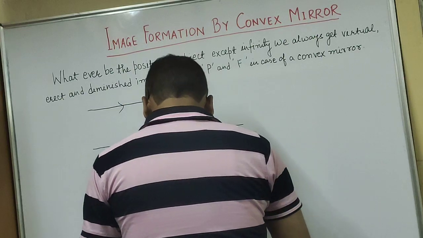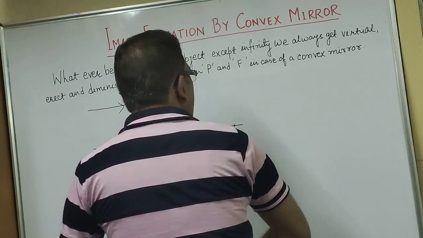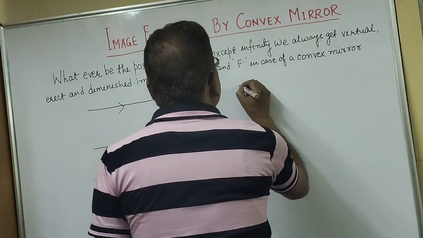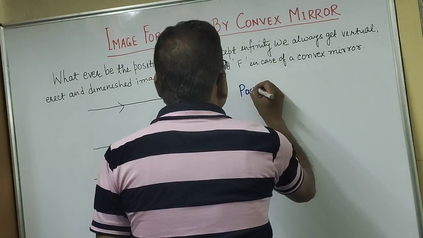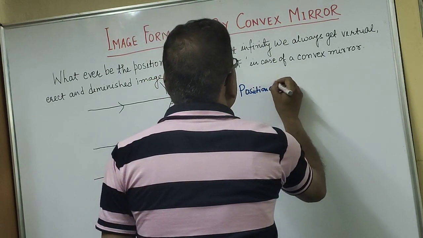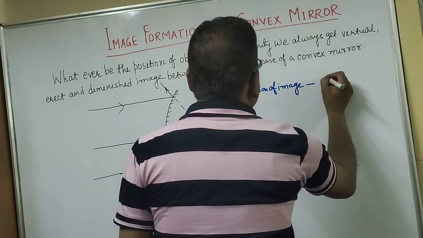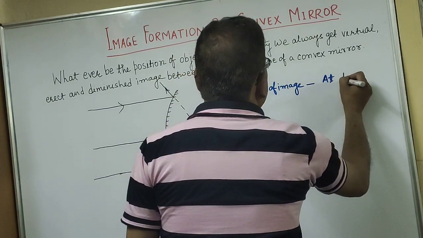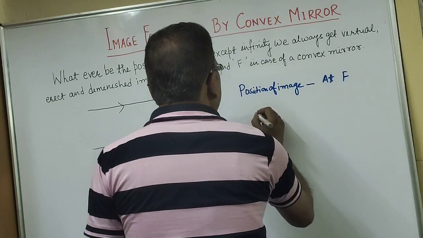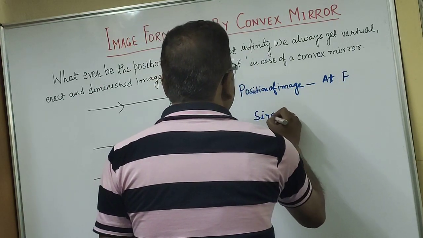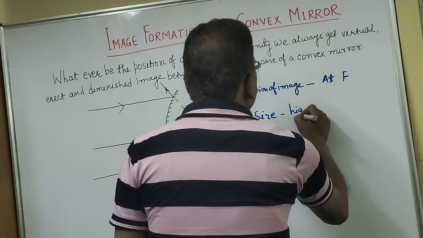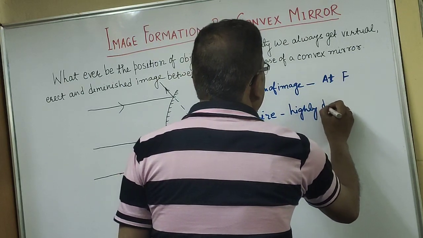So write these things. Position of image: at F. Size: highly diminished.